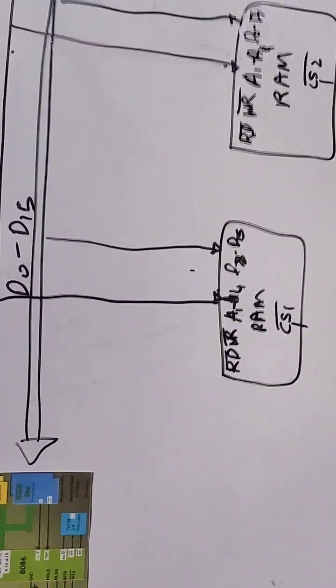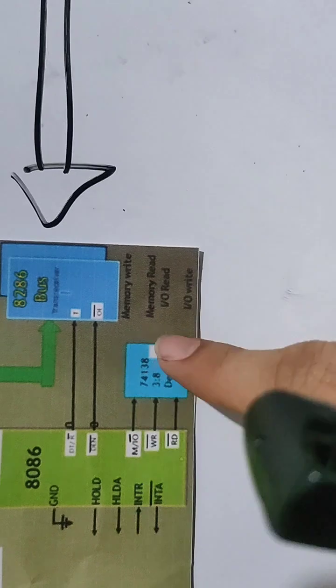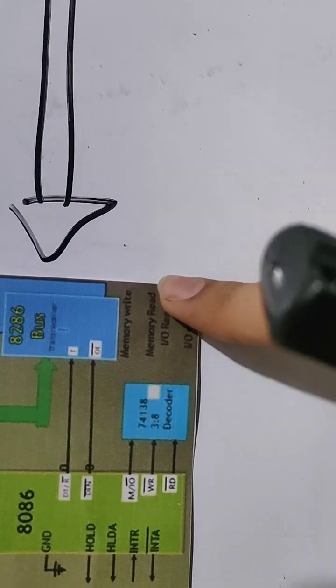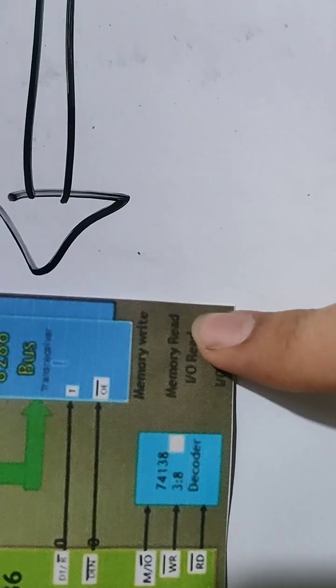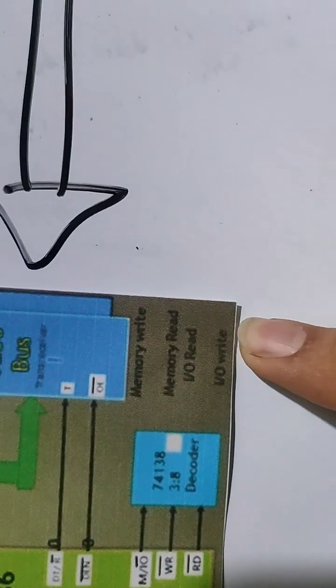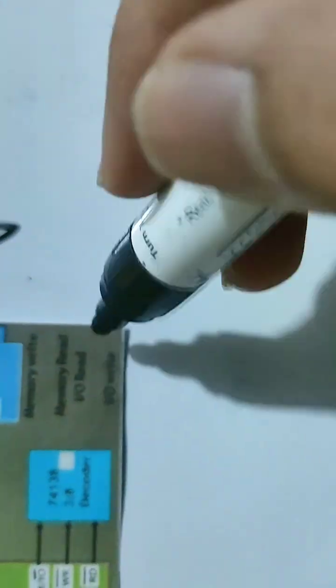Now, if you look closely over here, our 3:8 decoder is giving us 4 outputs: memory write, memory read, input output read, input output write. Now we won't be using input output read and input output write, because we are only dealing with memory.